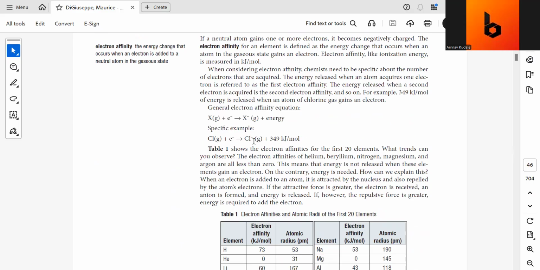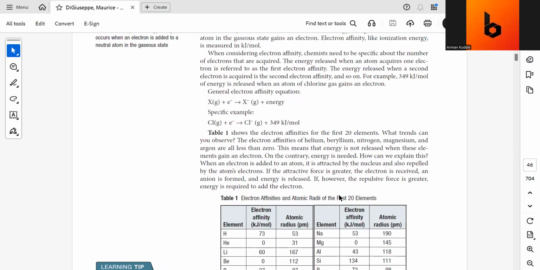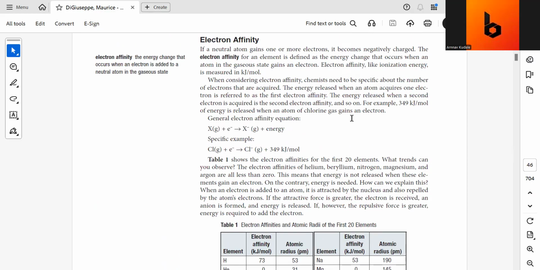That means this chlorine is becoming more stable. So these values are all negative. For hydrogen, minus; for carbon, minus. If you see minus 349, chlorine has the largest affinity for the electron. So they are talking about the energy released here.